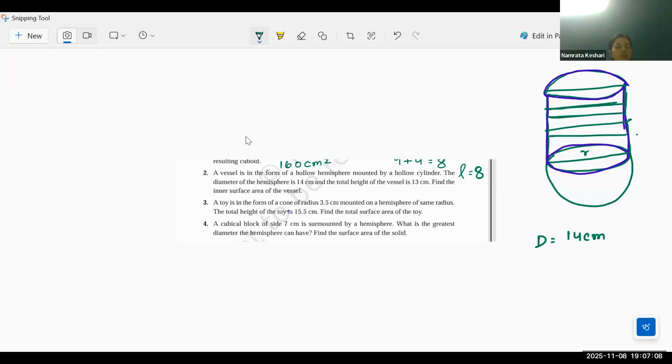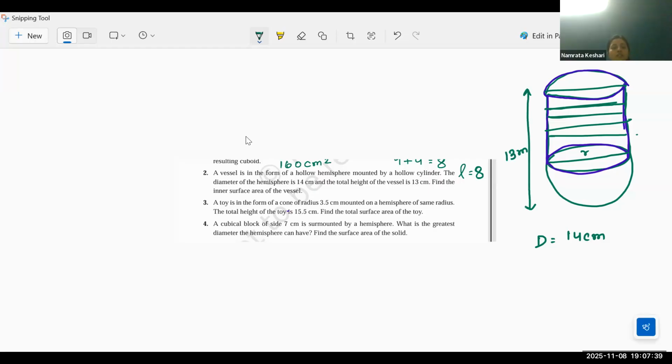Since it is written that the diameter of the hemisphere is 14, this is not just for the hemisphere, this is for the cylinder as well, because both are fitted. On the top of the hemisphere a cylindrical shape is there, and both are hollow. The diameter is 14, and the complete height of this vessel is given as 13 centimeter.